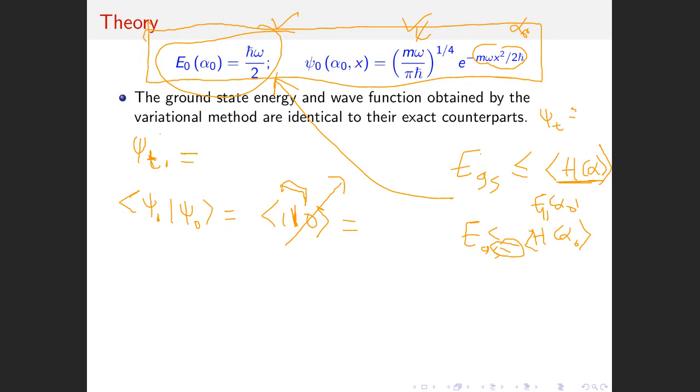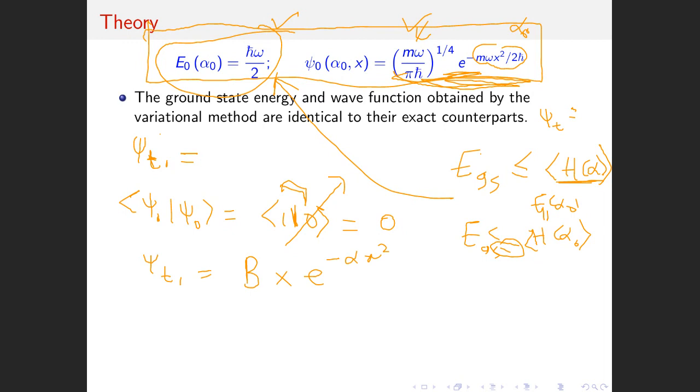So this gives you 0. So whatever trial wave function that you have to choose, it has to be orthogonal to psi 0. This psi 0 is already, if you check there, even. So this means that psi 1 at best has to be odd. So you try this one.